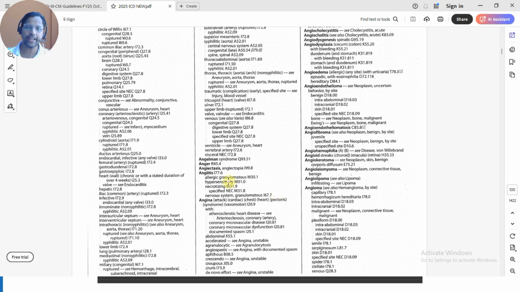If in the documentation you find angiitis other than these 4 classifications or specificities, then you need to use the other specified code. You need to use M31.8 whenever your documentation does not contain allergic granulomatous, hypersensitivity, necrotizing or nervous system granulomatous. Other than those 4, if your documentation contains angiitis, you need to use M31.8, which is mentioned as NEC, meaning other specified angiitis.